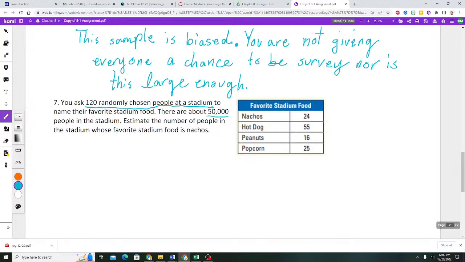You ask 120 randomly chosen people at a stadium to name their favorite stadium food. There are about 50,000 people in the stadium. Estimate the number of people in the stadium whose favorite stadium food is nachos. So we take 24 over 120 and set that equal to x over 50,000. So we're going to cross multiply.